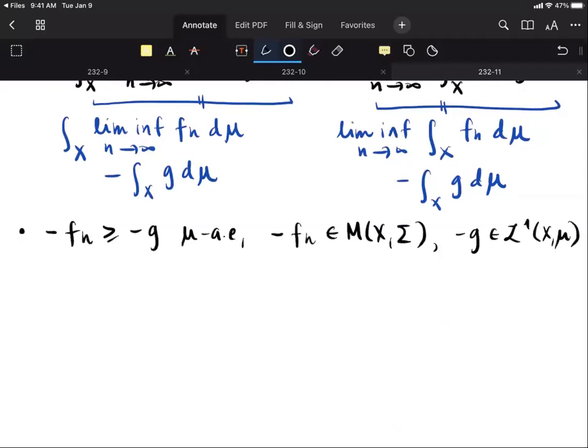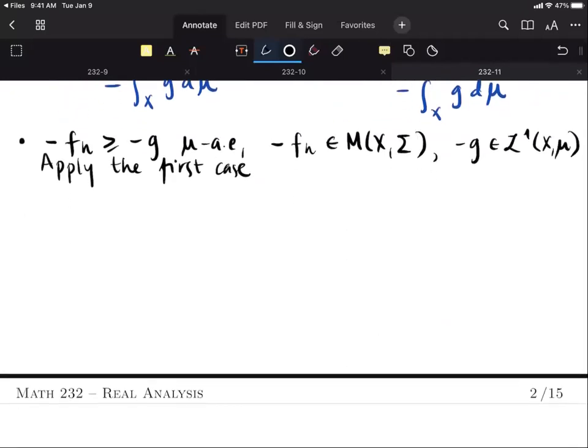So now we apply the first case to the negative versions.